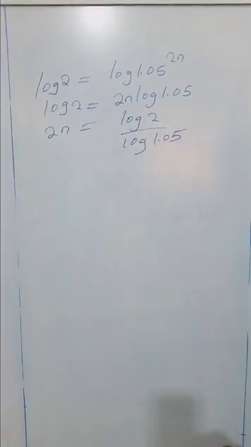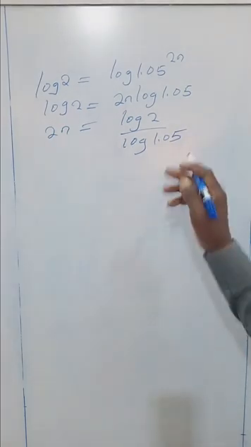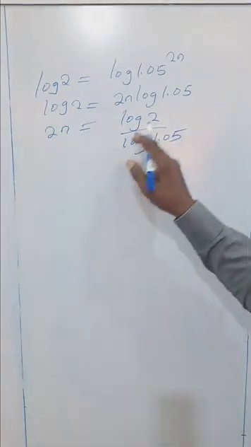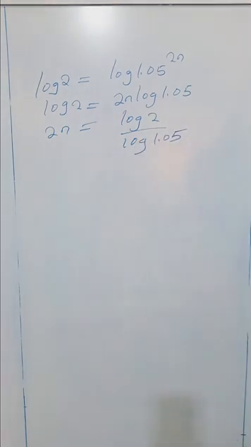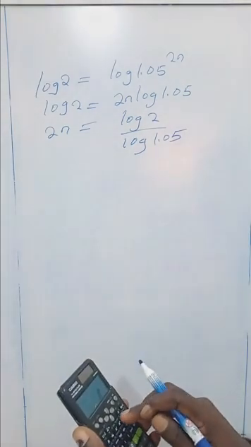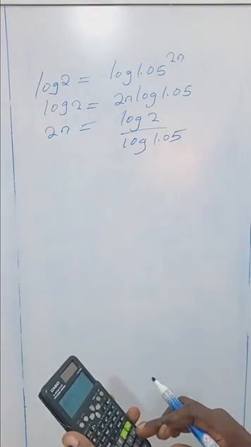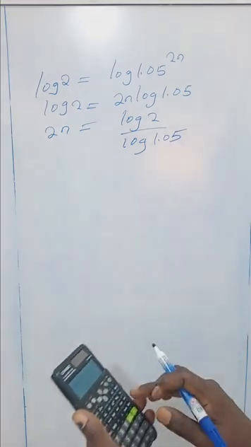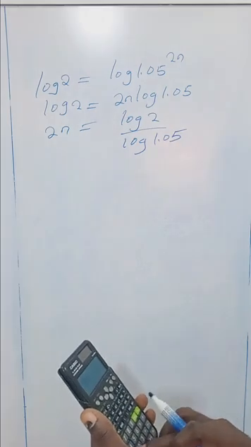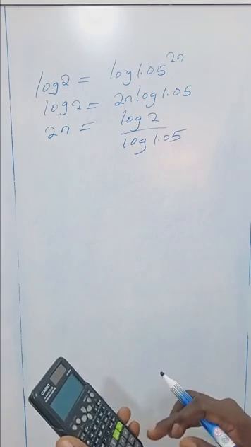Here we are. And what we're supposed to do now is to get the respective values of log 2 and log 1.05. I'll just use my calculator and get the answers direct. So log of 2 divided by log of 1.05.